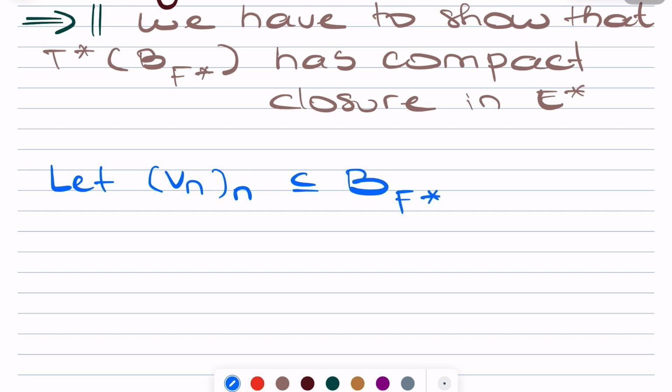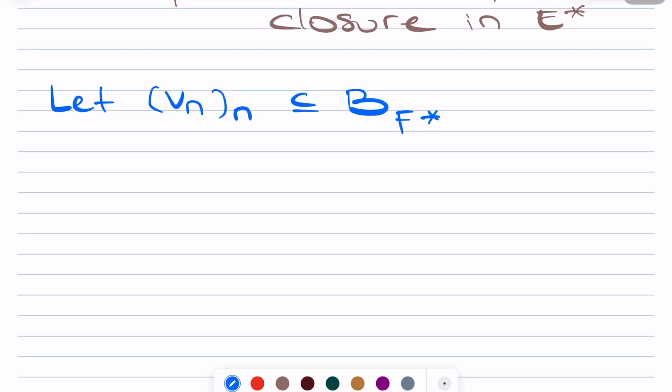F star. So those are linear bounded operators on F for which the operator norm is less or equal than 1.